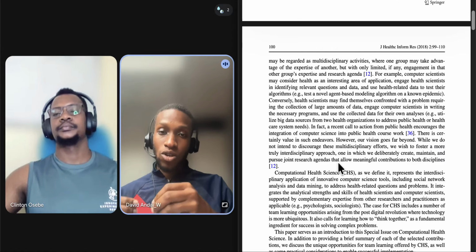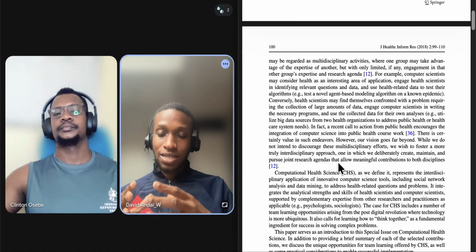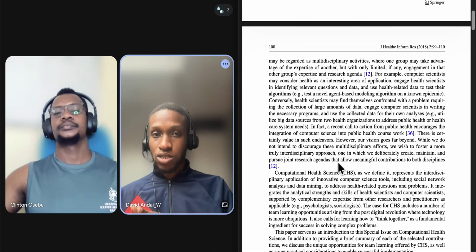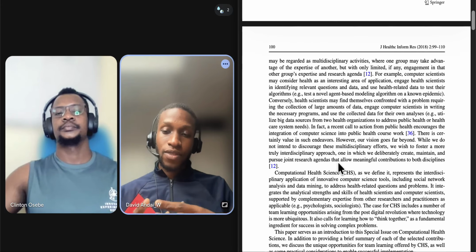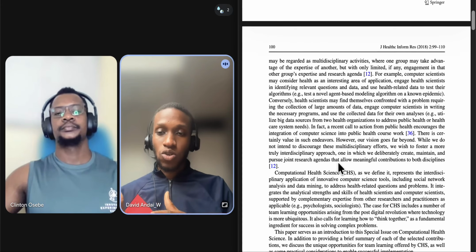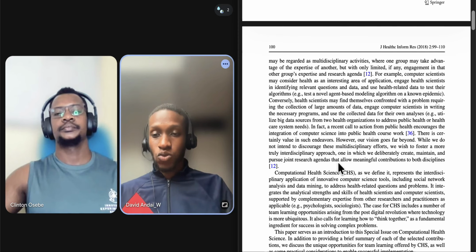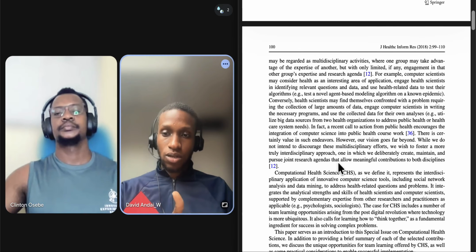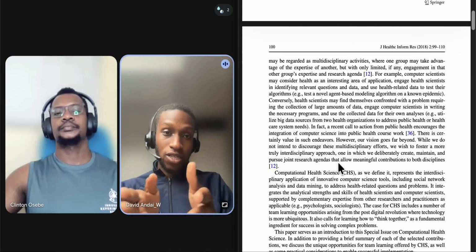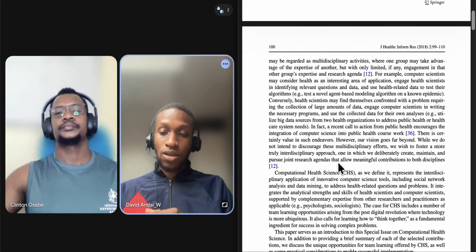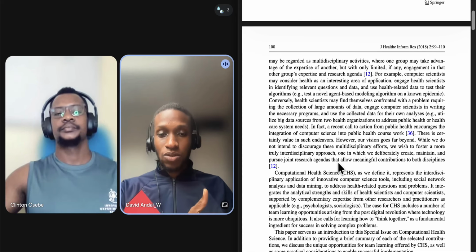And then now you're trying to take that discipline and merge it into another science domain. So by doing that, you get computational science, whatever that science is. For example, if it's neuroscience, then you get that. If it is public health, as you're seeing here, you get that health science bit.